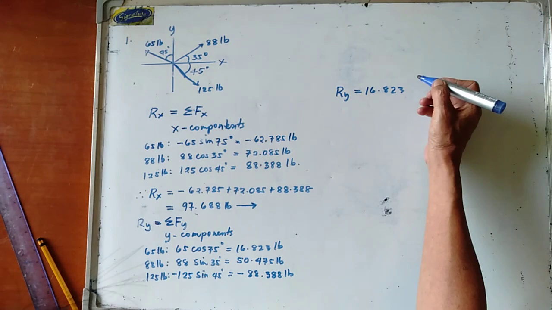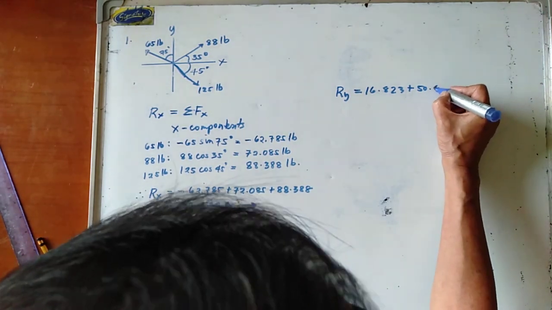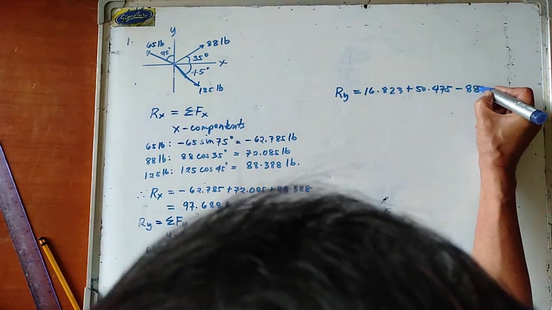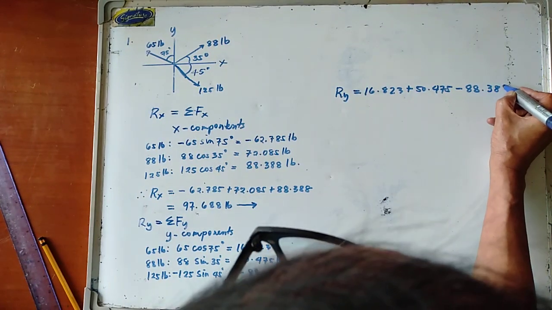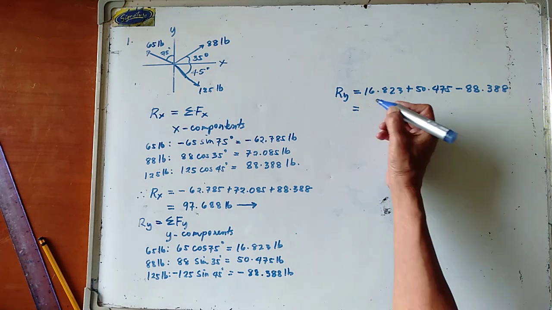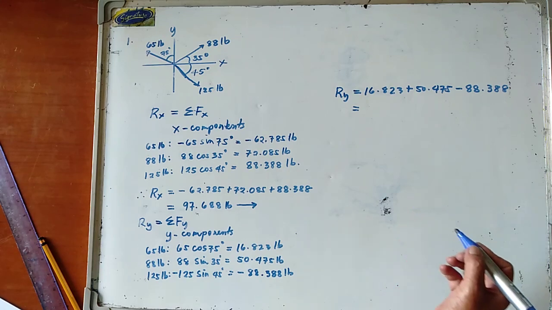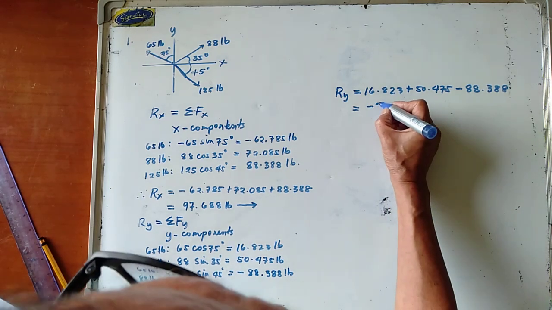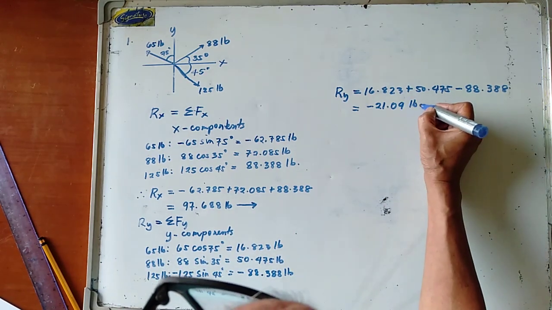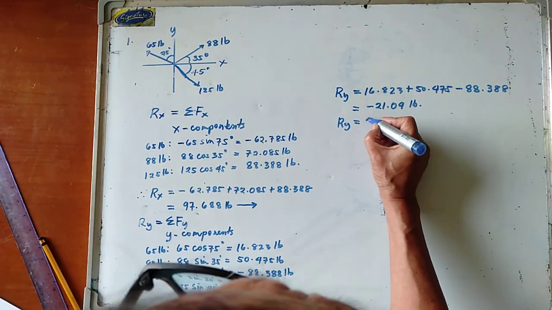Hence, your Ry is equal to 16.823 plus 50.475 minus 88.388. And the component of the resultant in the y-axis is equal to negative 21.09 pounds.